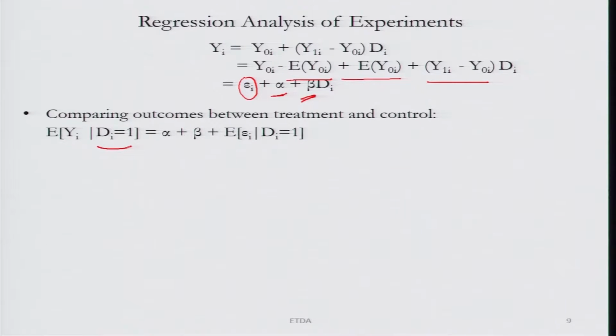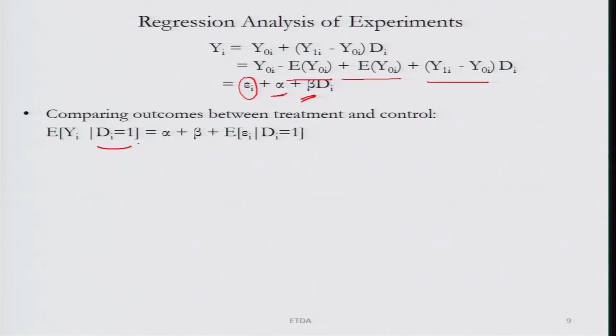So, you would take the average outcome for the treatment group, which is the expectation of y given d i equal to 1, and substitute it in the regression equation that we just derived, and see what happens. When we put d i equal to 1, we just get alpha plus beta, plus the expectation of the error given that d i equal to 1.